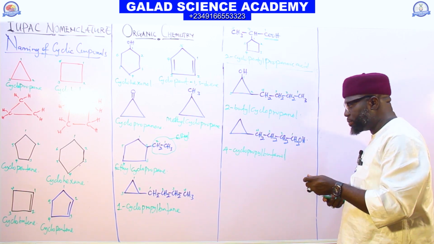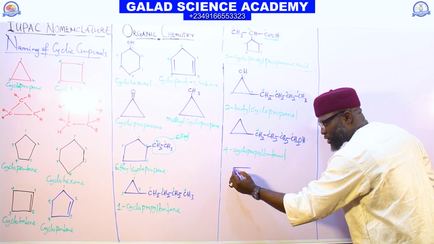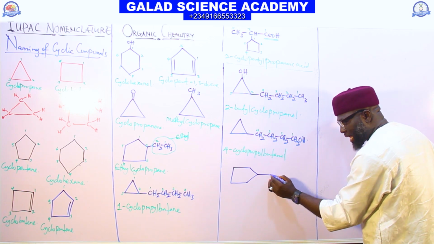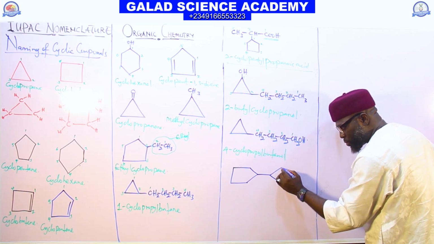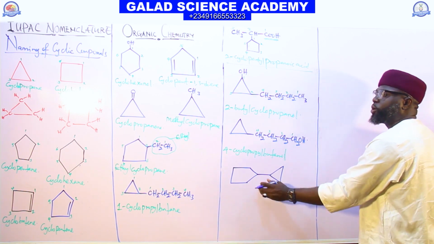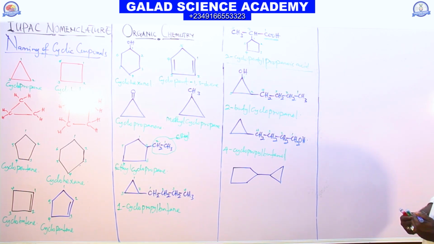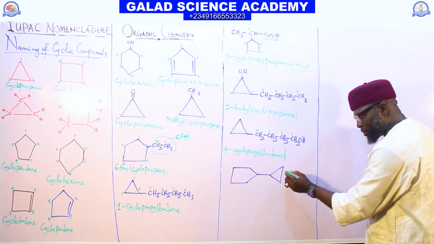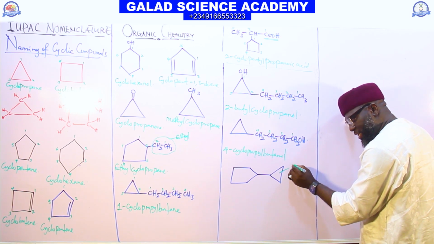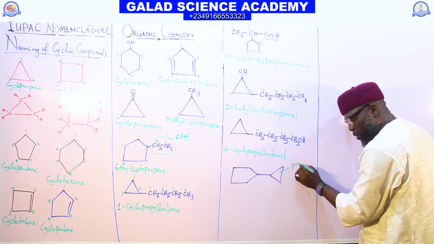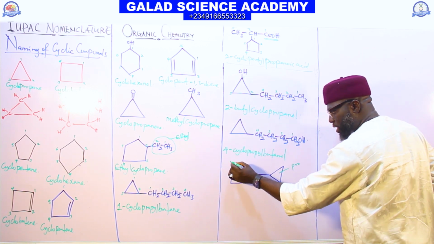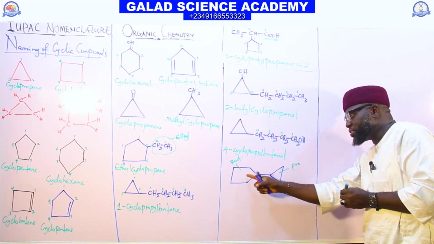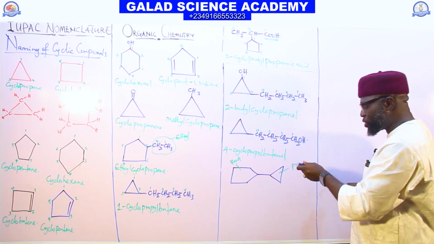Let me bring another diagram. If you have a structure like this and attached to this, what will be the name? Which of the two? This one contains how many carbon? 3. This one is what? Pro. This one is what? Pent. So the 3 that is lower than 5 will serve as what?